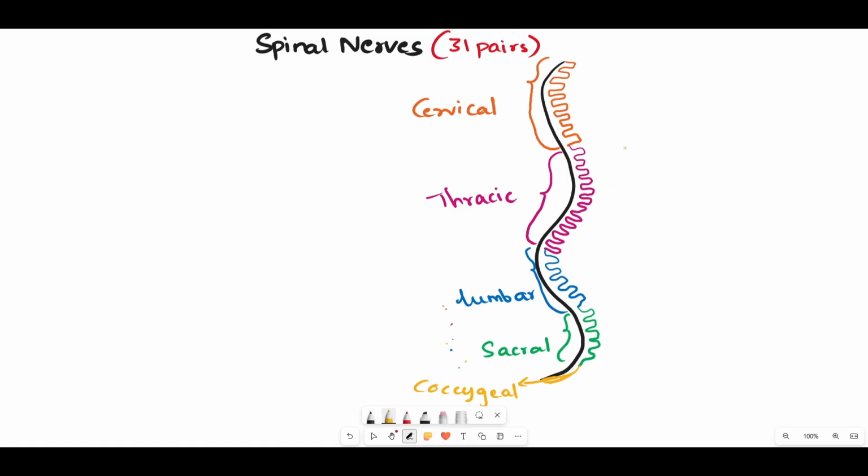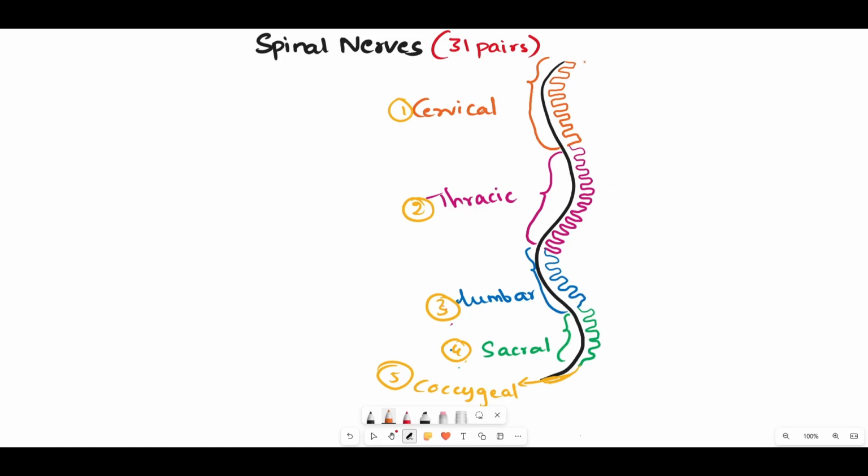The spinal cord itself has been divided into five different portions: the cervical part, the thoracic portion, the lumbar, the sacral, and the coccygeal portions. These have 31 pairs of spinal nerves. The first are the cervical nerves, the second the thoracic nerves, the third the lumbar nerves, the fourth the sacral nerves, and the fifth the coccygeal nerves.